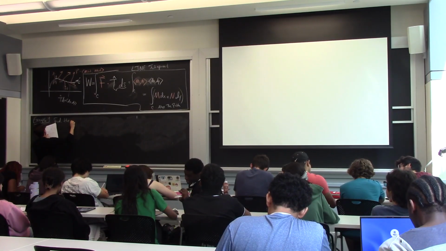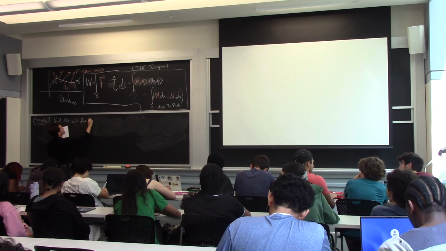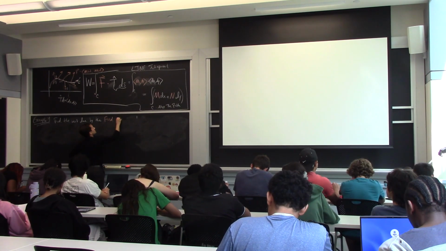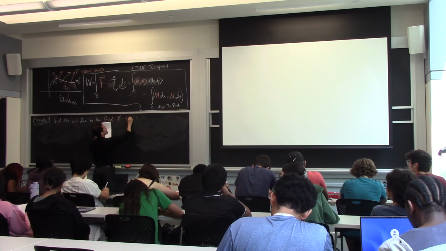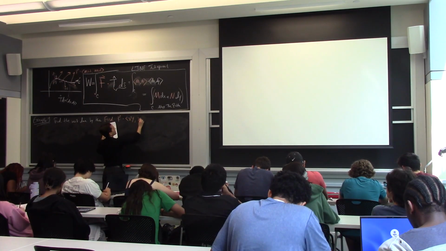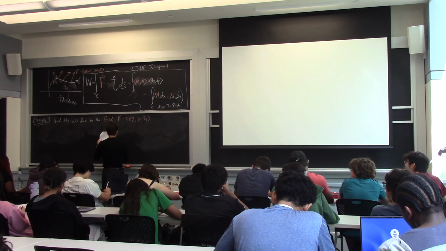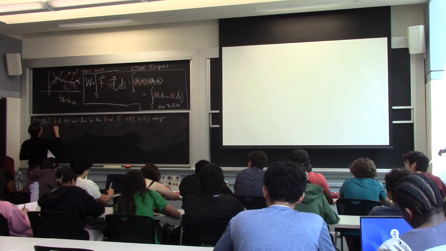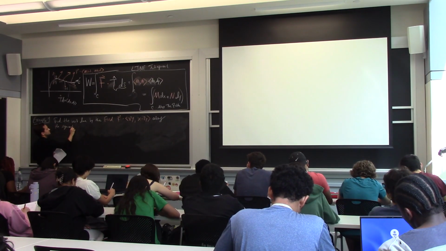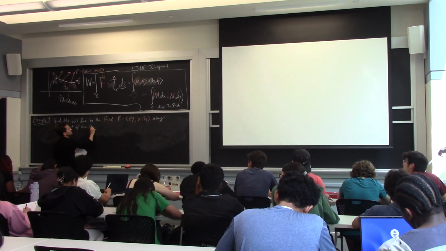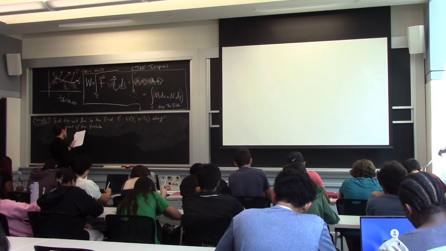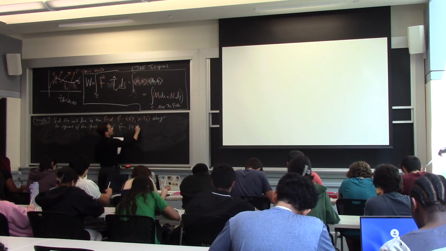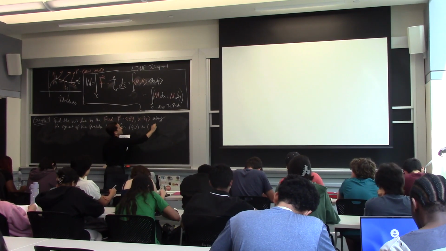Find the work done by the field F equals x squared y, comma, x minus 2y, an arbitrary field, along, because we need our path, the segment of the parabola y equals x squared from 0, 0 to 1, 1.